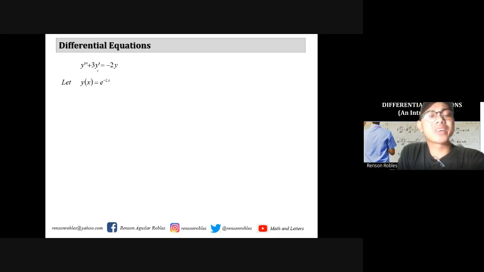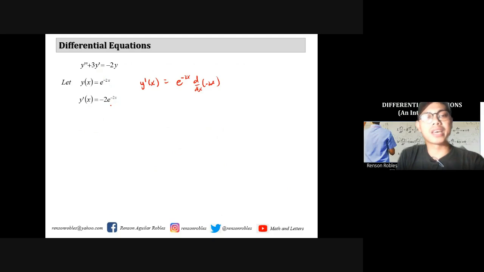Since we have the presence of y prime, we first differentiate this by applying the derivative of an exponential function. So y prime of x is equal to e raised to negative 2x times the derivative of negative 2x with respect to x. That leads us to y prime of x equals negative 2 e raised to negative 2x.